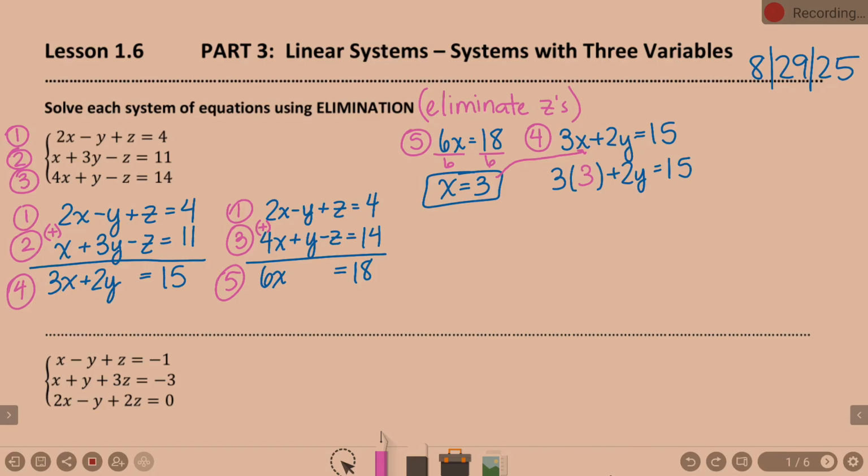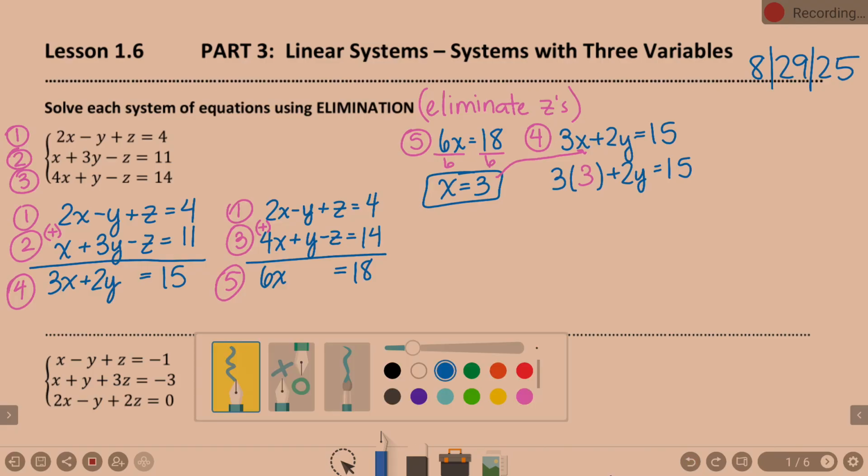Okay, so I took 4, I substituted 3 in. And do the math. 3 times 3 is 9 plus 2y equals 15.